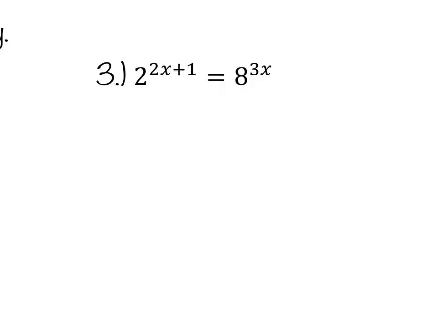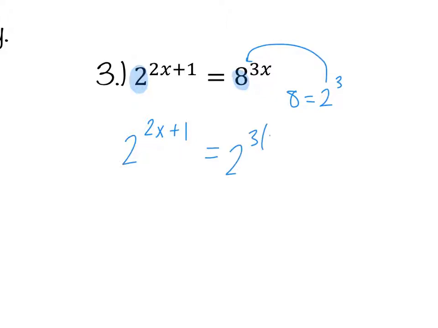So here's another example where you have a base of 2 and a base that's not 2, but it is some form of 2. Just like the previous problem, which was 4, 8 is a power of 2. So 8 is actually 2 to the third. If I replace that, I have 2 times 2 to the 2x plus 1 power, and then 2 to the third times 3x power.